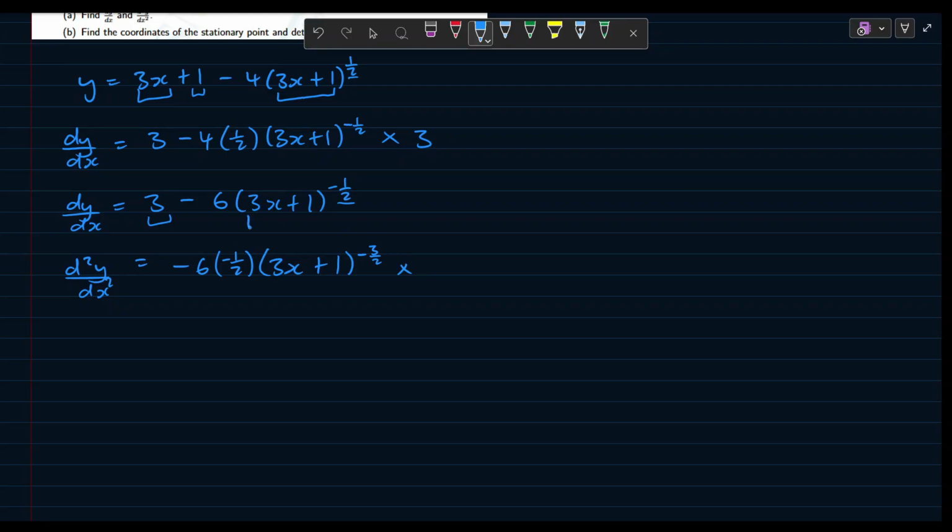And then differentiate the inner function, 3x plus 1. You're going to get a 3. So d squared y/dx squared is equal to negative 6 times negative half, that's 3, multiplied by 3, that's 9, times (3x plus 1) to the power negative 3 over 2. So this is the first derivative and this is the second derivative.